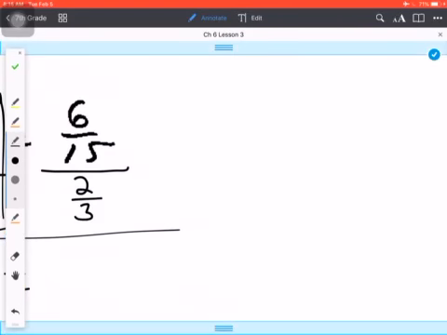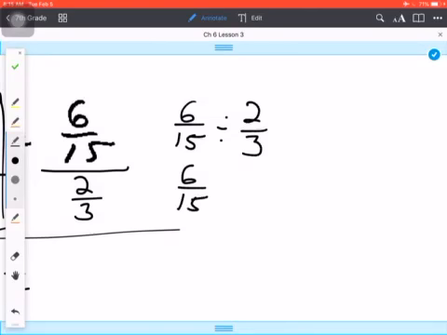But the good thing is we know how to do this. So 6/15 over 2/3, if you recall, really means 6/15 divided by 2/3. And when we are dividing fractions, our method was to keep the first fraction, change division to multiplication, and flip the second fraction to become its reciprocal, which literally means to flip over.